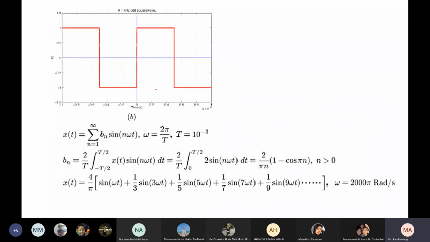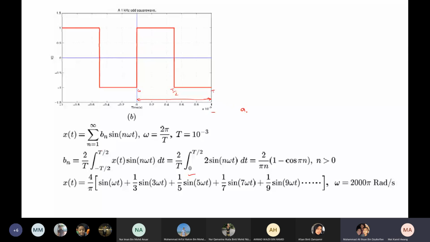So basically this is from 0 to 1 millisecond, and your integration is basically from 0 to T over 2, because T is here.